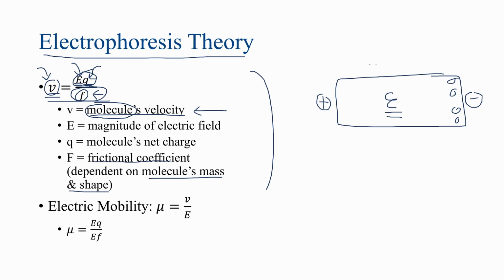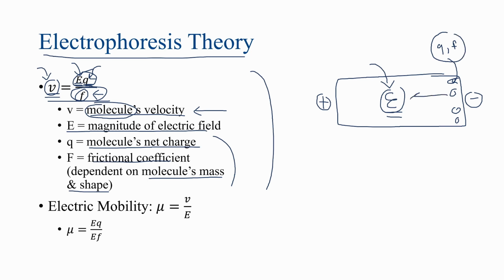And it is the magnitude of this electrical field that is represented by E. As for the molecule's net charge, as well as the frictional coefficient, this is dependent on the actual sample that we add. And obviously, the velocity is just the product of the interactions between E as well as the net charge and the frictional coefficient.